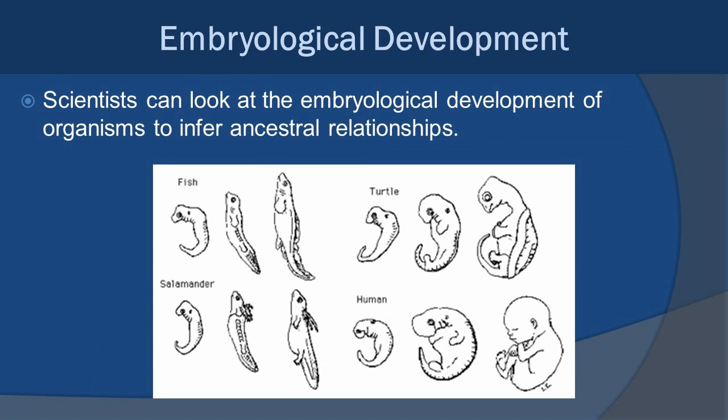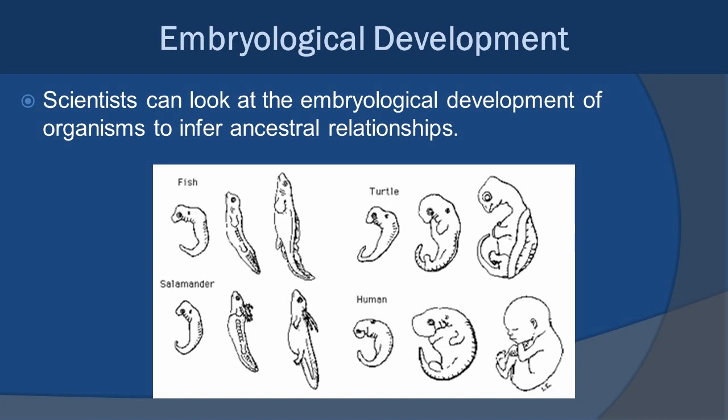Now, as we go through the different invertebrate groups, we're going to talk about their various different classifications and evolutionary connections. And through that, I want to set down a couple of different concepts so that we can return back to them as we go through all of these different groups. First of all, we can look at what we call embryological development of specific organisms, and through this process, infer ancestral relations.